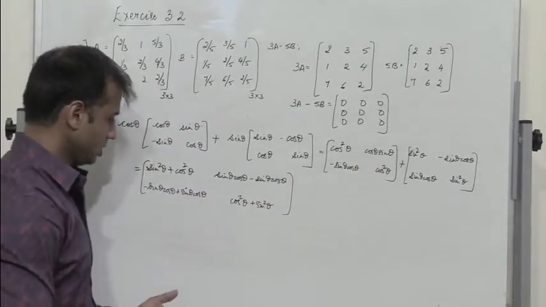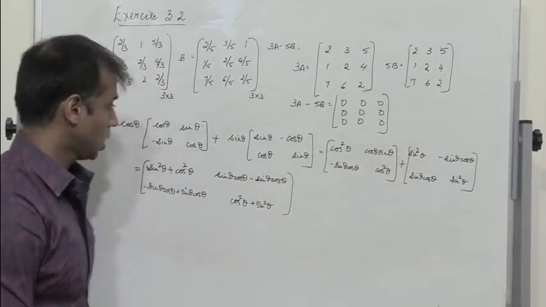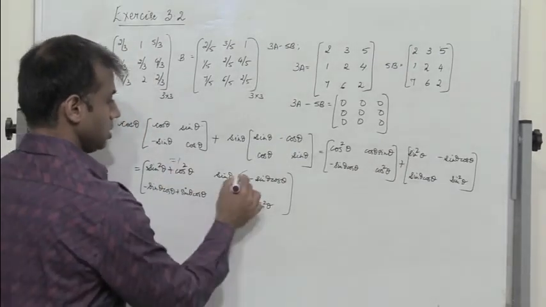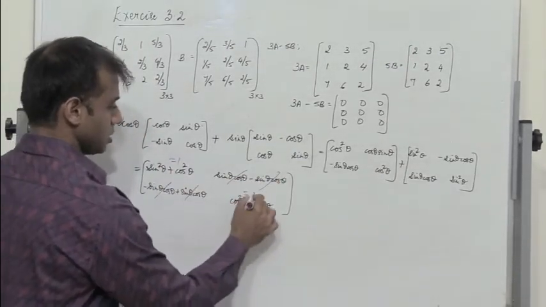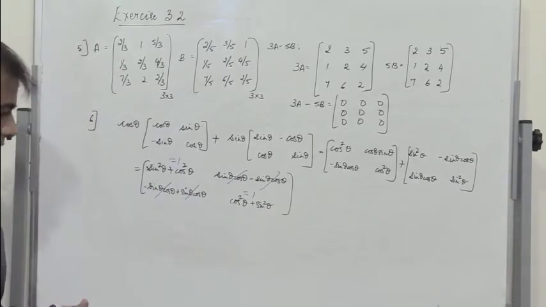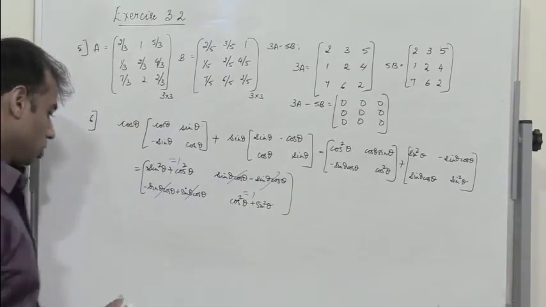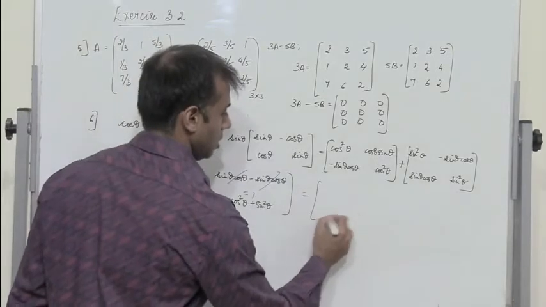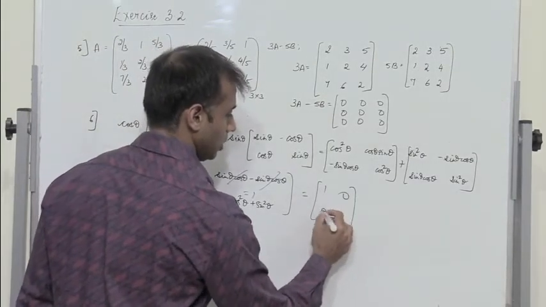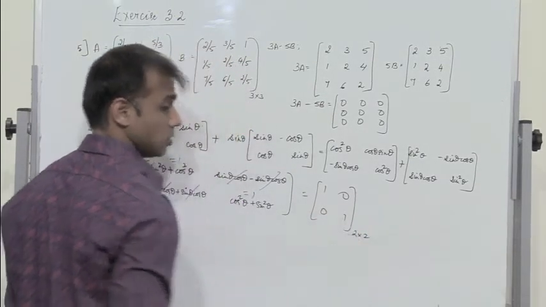Right? So what is sin square theta plus cos square theta? It is 1. So this is 1. These two get cancelled, and this is again 1. So we get a 2 cross 2 matrix 1, 0, 0, 1, which is nothing but an identity matrix of order 2.